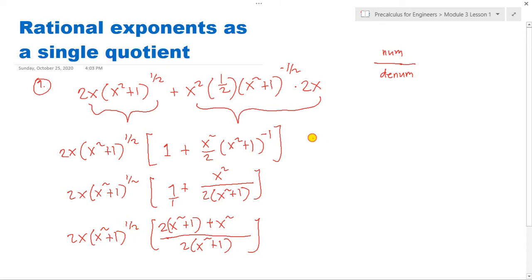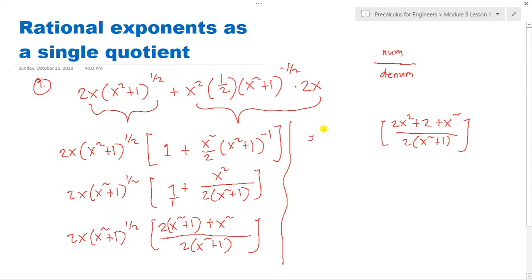Then, again, follow the PEMDAS rule. So let's first do what's inside the brace. So distribute. We have here 2x squared plus 2 plus x squared all over 2 times x squared plus 1.